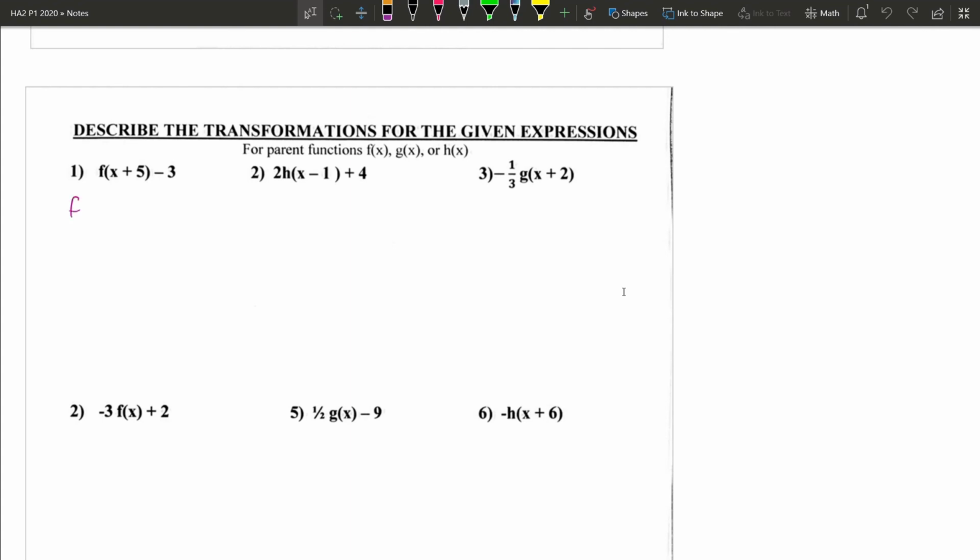So if we say that f of x equals x squared, when I put f of x plus 5 in the problem, I really get (x plus 5) squared minus 3. You see how that worked? So what's the transformation of this function? Left 5, down 3.